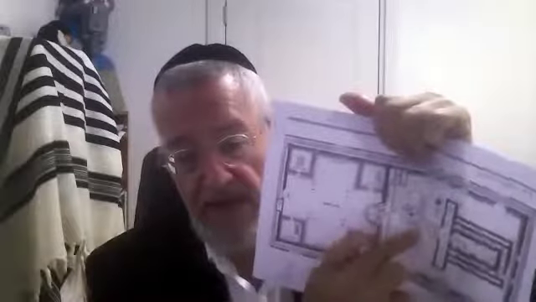So this first set of Kohanim who left the Beis Hamikdash, they went all around this way. They didn't walk here. They turned left. The other Kohanim turned right. They didn't walk in this area.